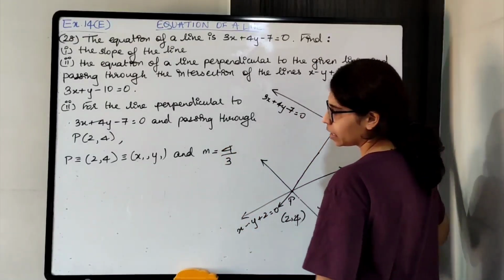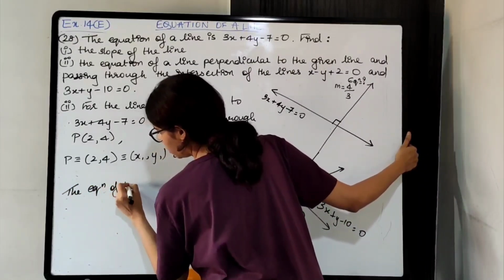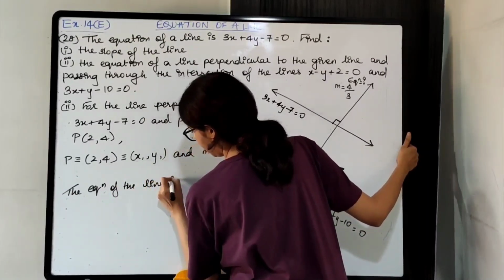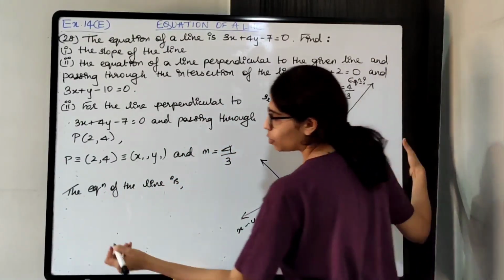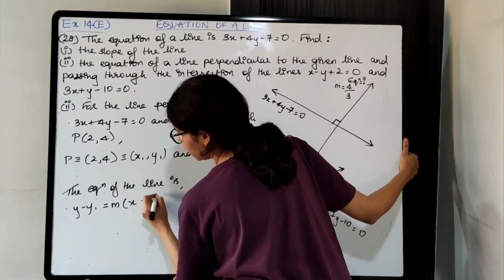Okay, so the equation of the line is, formula है y minus y1 equals to m into x minus x1.